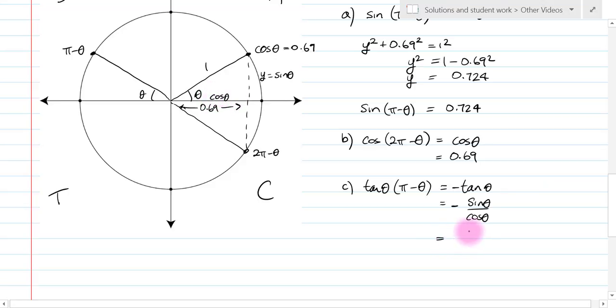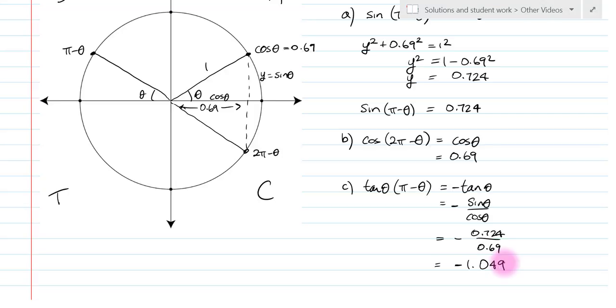And we know the values for those, so it's negative of 0.724 over 0.69. And so we just calculate that, and we get it's equal to negative 1.049.